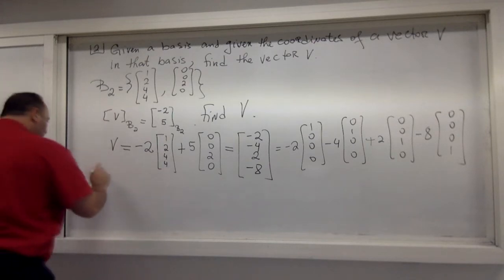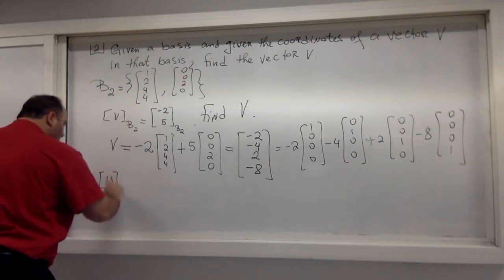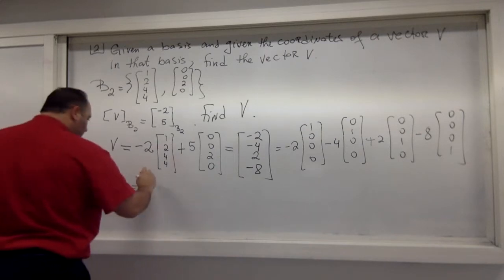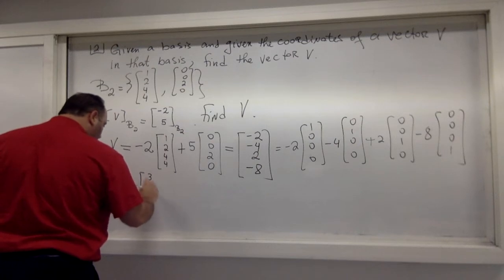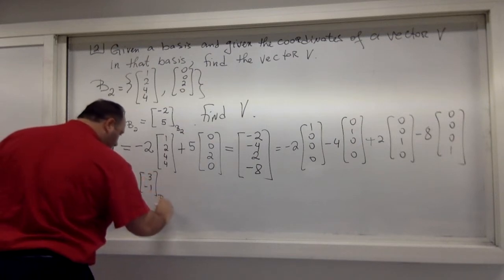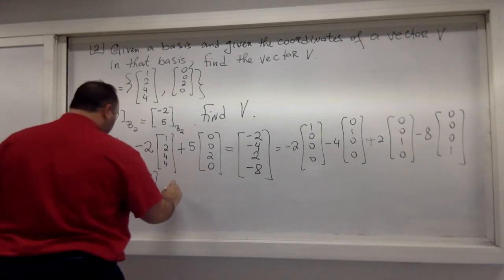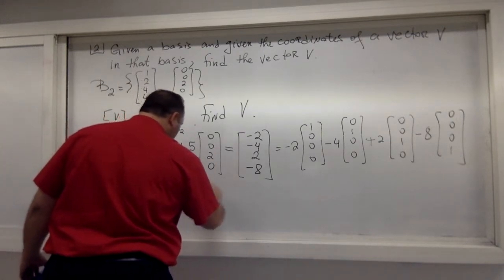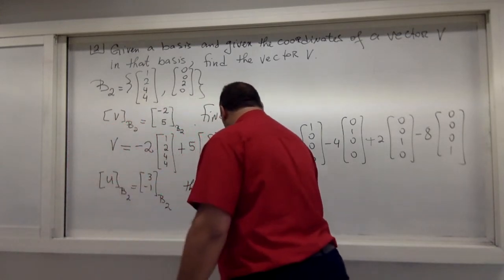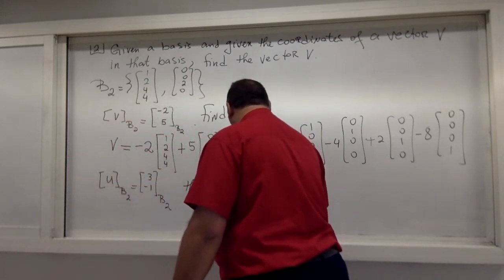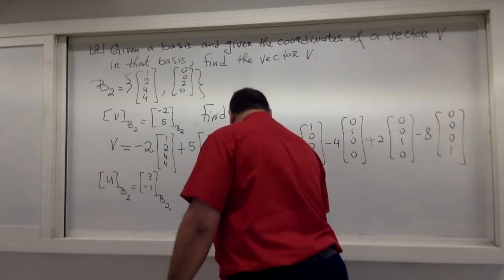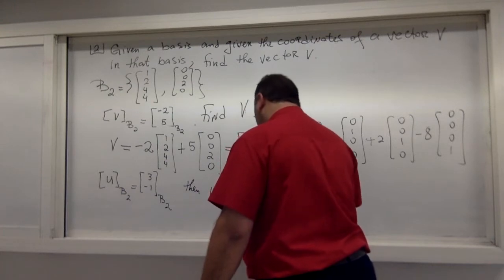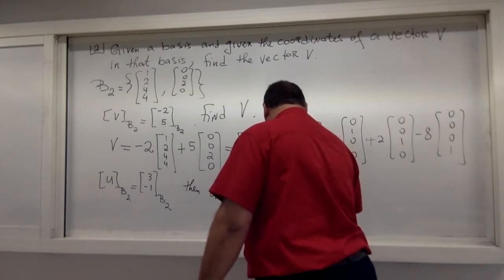Let's say I give you the coordinates of u in basis B2 again, and this time it is, let's say, 3 and -1 for some reason. So this means that u is equal to 3 times the first vector in the basis. That's why we call it an ordered basis. And then -1 times the second vector.